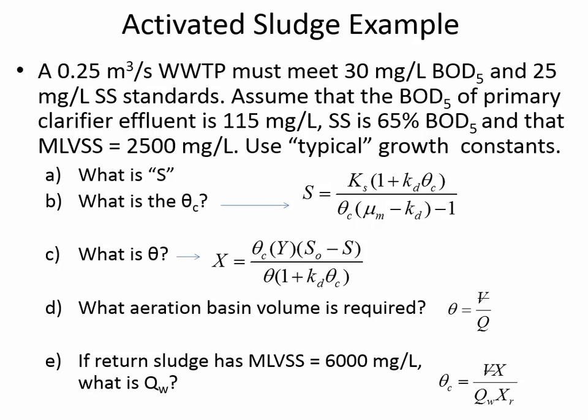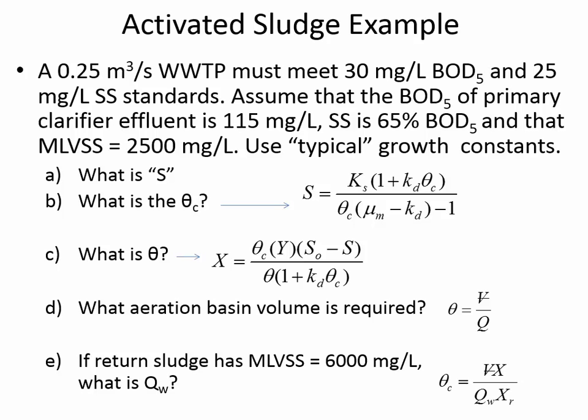Part B. What is the mean cell residence time? We use this equation to calculate the mean cell residence time. And so we'll just substitute in all of the known parameters. We have 13.75 milligrams per liter of BOD.